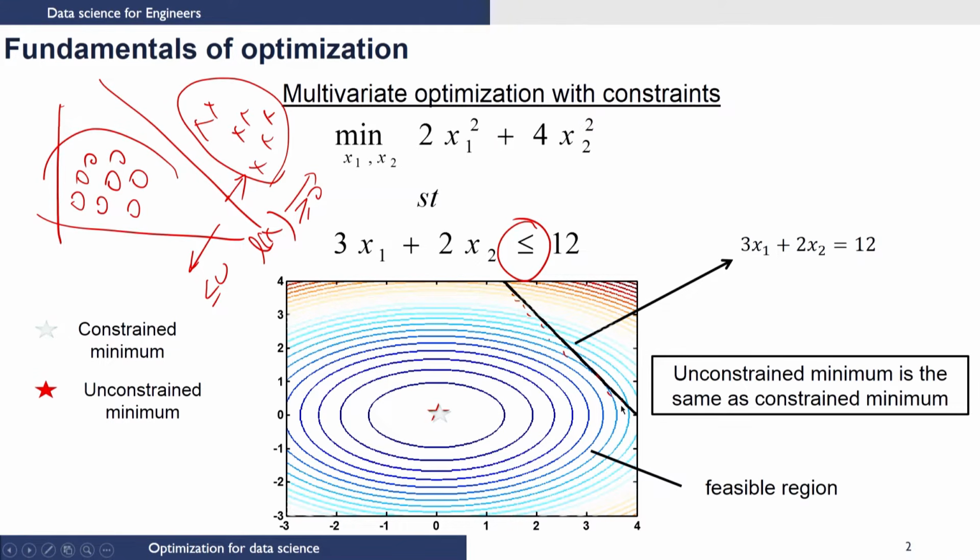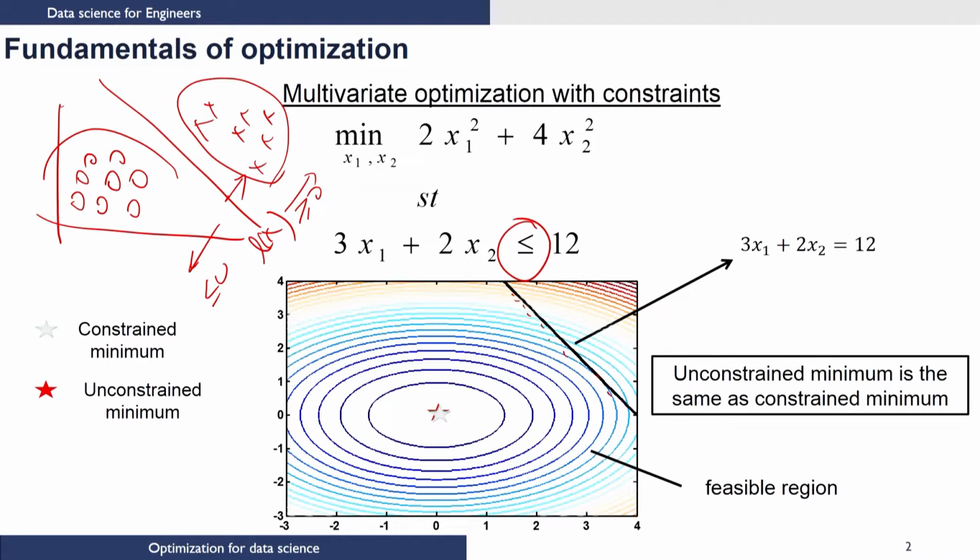Now when I have the optimization problem where I have this inequality, and let us assume this is less than or equal to, in this picture what we have plotted is that the original unconstrained optimum, or the unconstrained minimum, is still the red star.